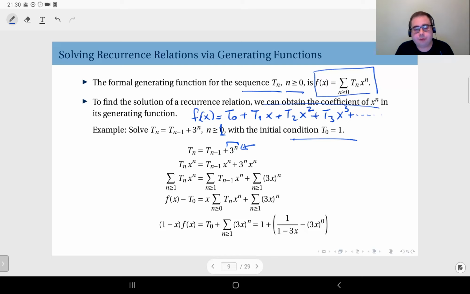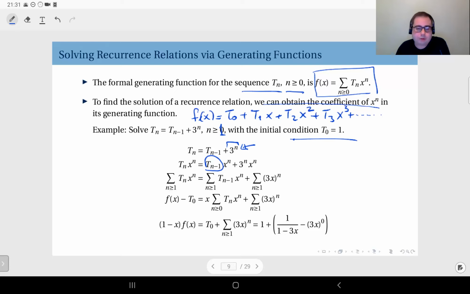Now, at this point, I'm going to apply an infinite sum to both sides, but I need to be careful about the limits. You see, this one starting from Tn minus 1, therefore, I should apply my infinite sum up to infinity, but the initial index should start not from 0, but from 1.